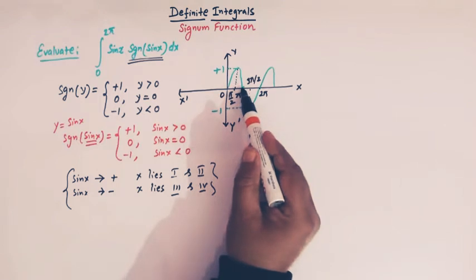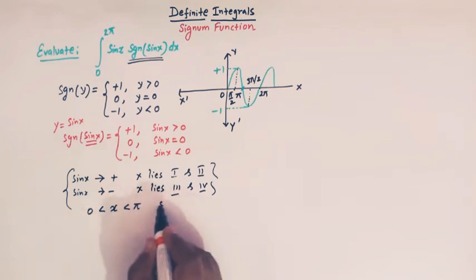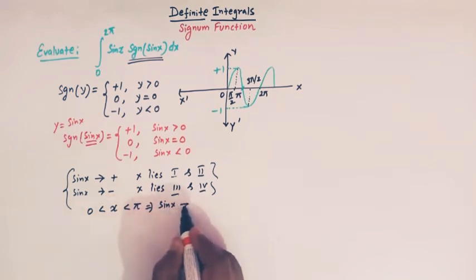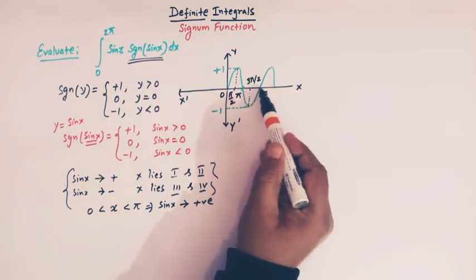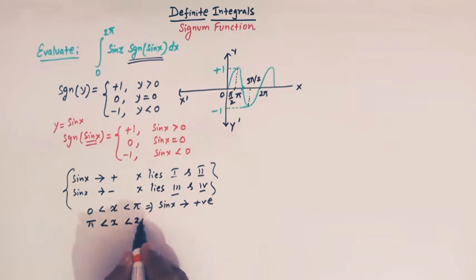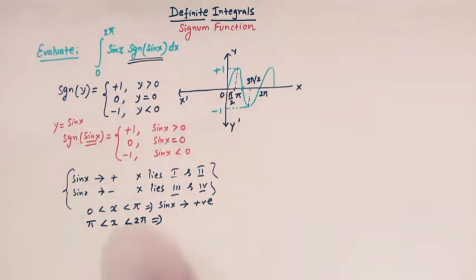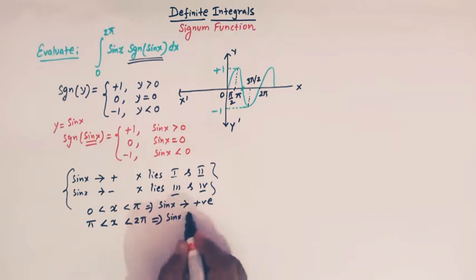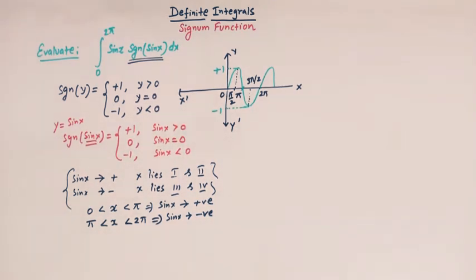Whenever x lies between 0 and pi, the value of sine x is positive. And whenever we go from pi to 2 pi, that is, whenever x is greater than pi and less than 2 pi, this angle x lies either in the third or the fourth quadrant. So sine x is a negative quantity in the third and fourth quadrant.